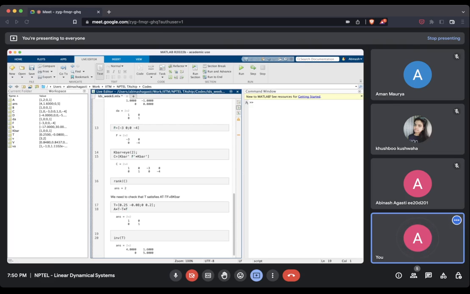This is P1. We want to find the state feedback matrix K, given by K is equal to K bar into T inverse.